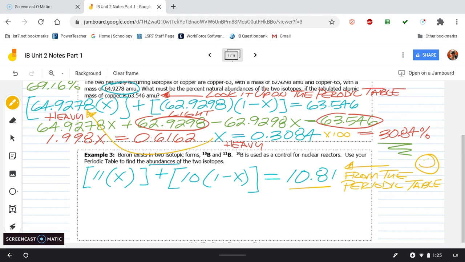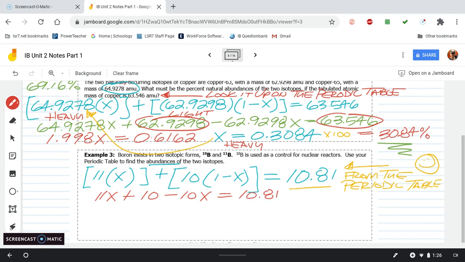So let's go ahead and run the math through. And the math is a little bit easier because the numbers are smaller, right? So we're going to have 11x, and then we're going to add that to 10 minus 10x, and that's going to equal 10.81.